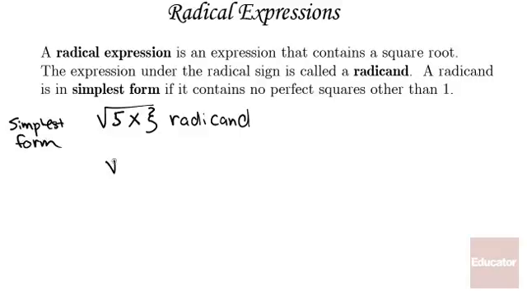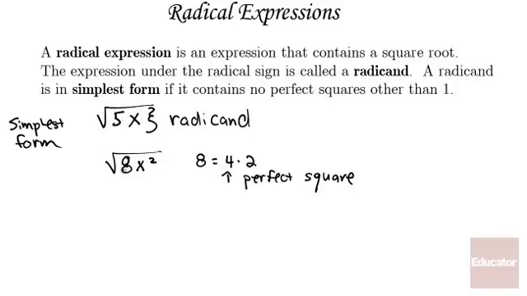Compare that with the expression, the square root of 8x squared. This is not in simplest form, because if I factor out 8 equals 4 times 2, and since 4 is a perfect square, this expression is not in simplest form.